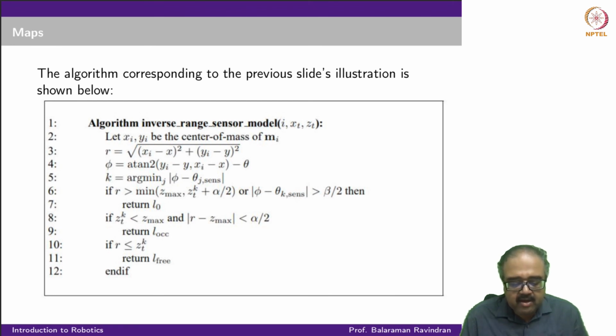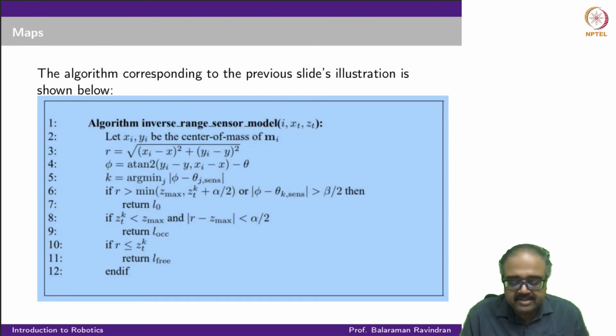On the other hand, r is the distance to the cell, and if the distance is less than z_t^k, which is the distance at which I have sensed an obstacle, then I'll say the cell m_i is free, so l free.